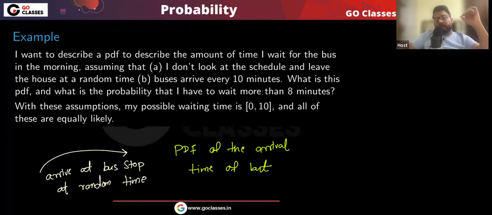then we will find out the probability that I have to wait more than 8 minutes. With this assumption, my possible waiting time is 0 to 10, and all of these are equally likely, right? They are asking for the PDF of the waiting time, basically.